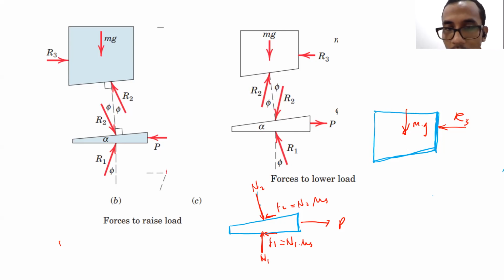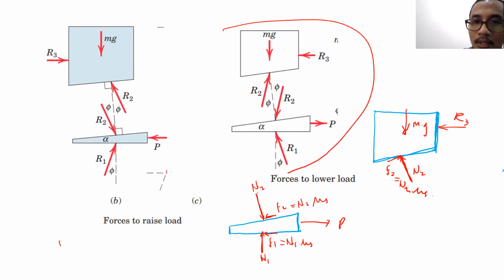Then there will be a friction force and normal force, normal force like this, and then friction force like this, where friction force 2 is equal to N2 multiplied by mu s. So this is what is happening if we want to pull the wedge out.